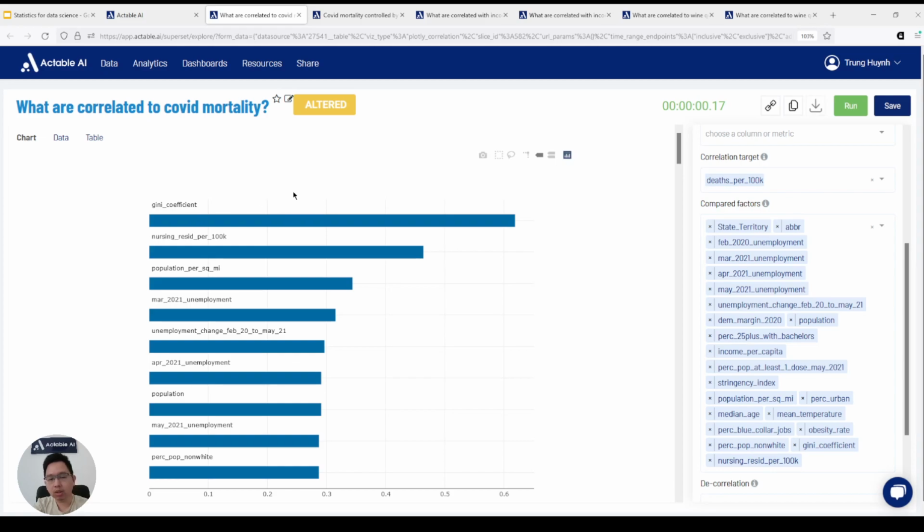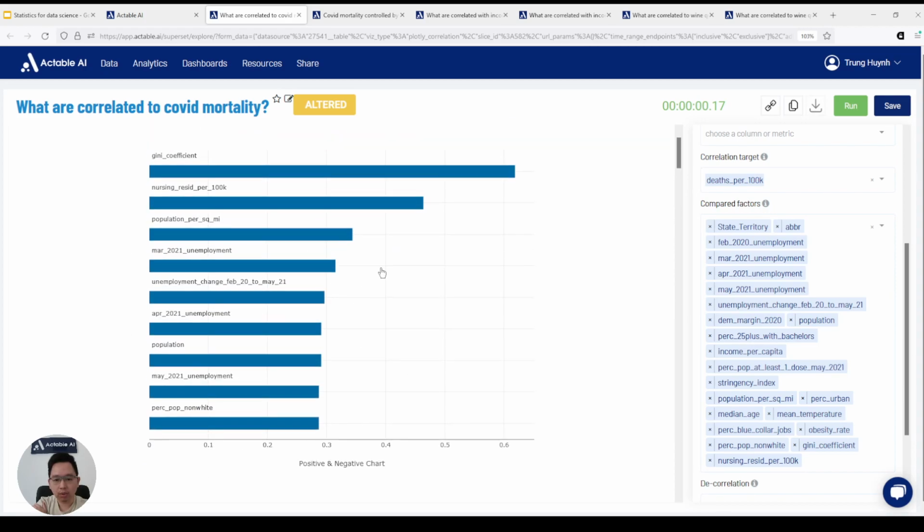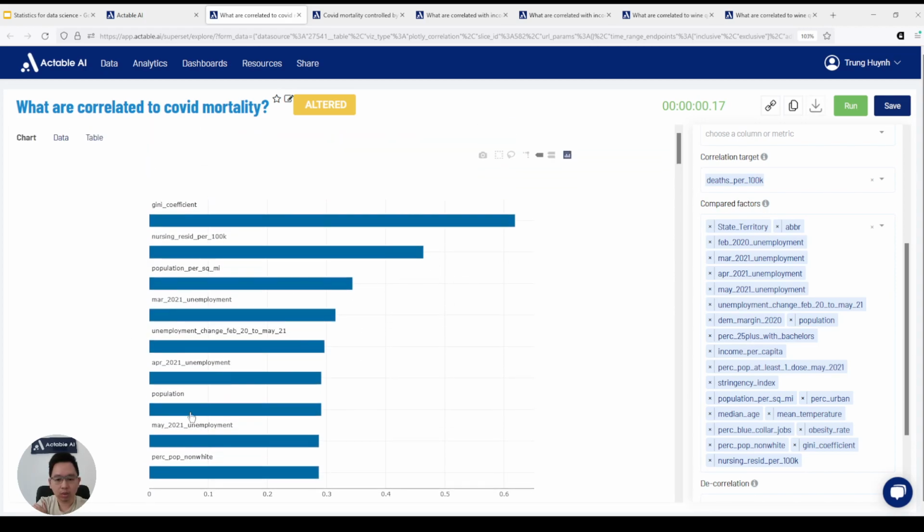This is an example that was featured in The Economist, where a data scientist from MIT found that this inequality index is highly correlated to the mortality rate. The next is the number of nursing home residents per 100,000 people, or population and density, etc. All of these are statistically significant. Here we return only statistically significant results.